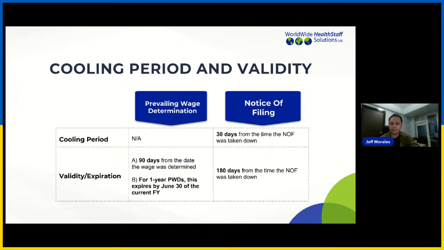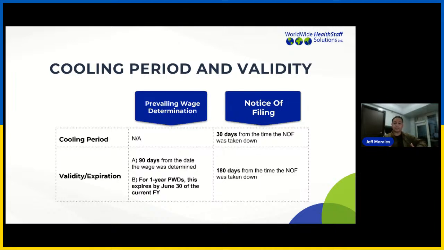Perfect. Thank you. Let's start off with the cooling period. For prevailing wage determination, this is not applicable because PWDs don't have any cooling off period. Unlike the notice of filing, which has 30 days from the time the NOF was taken down.